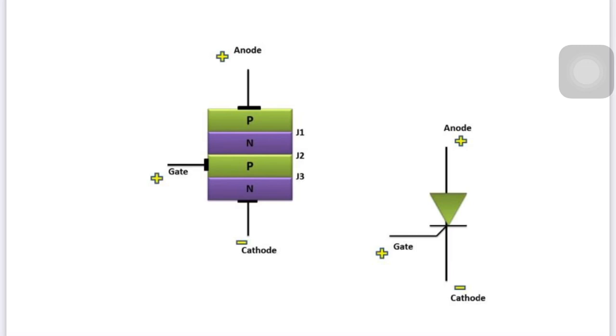When we give the reverse current from the cathode to anode, the J3 junction is NP, the J2 junction is PN, and the J1 junction is NP, and then the anode terminal. So what will happen: J1 and J3 are in reverse bias, and only the PN junction J2 is in forward bias.